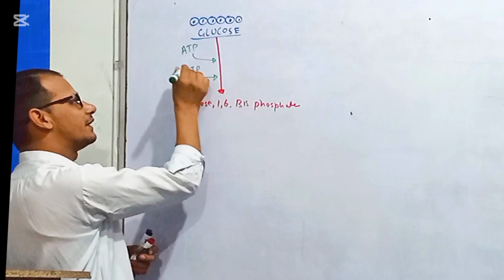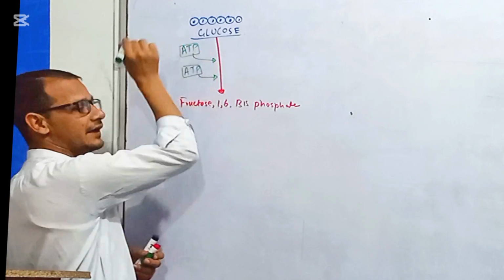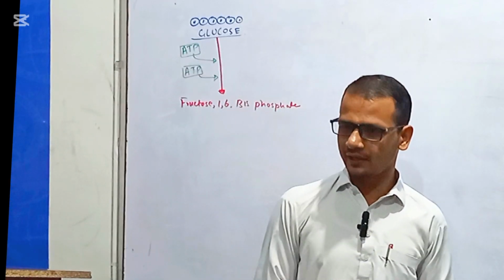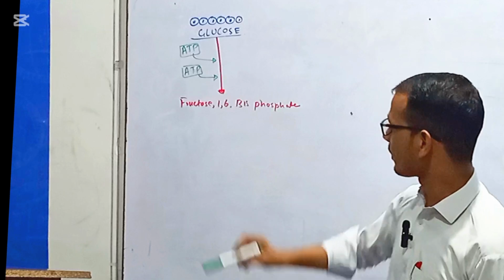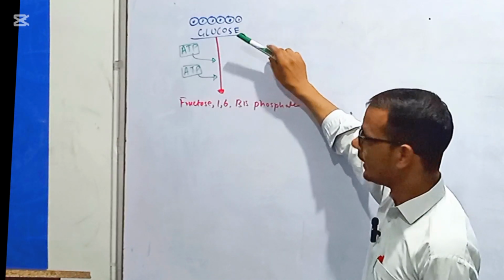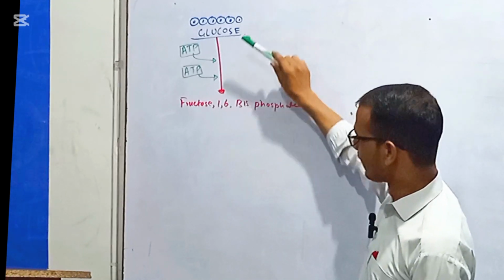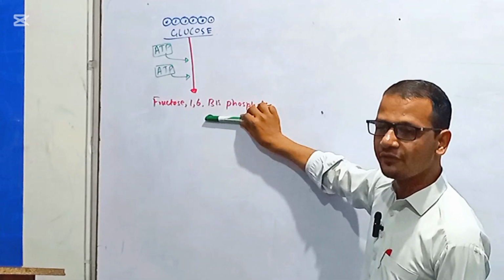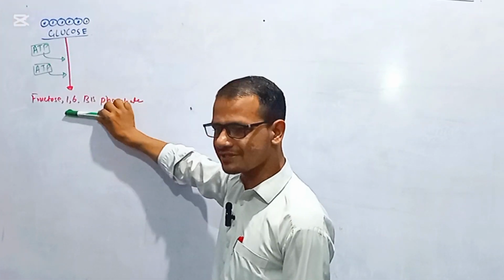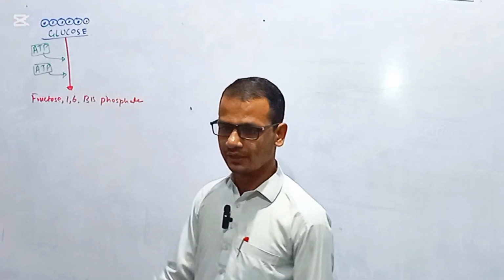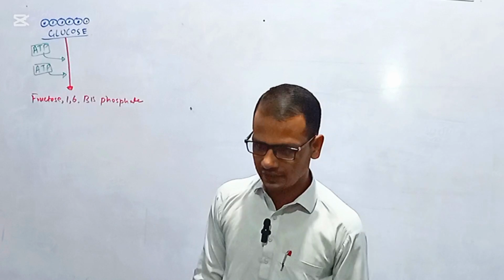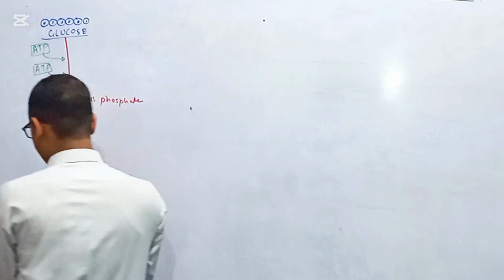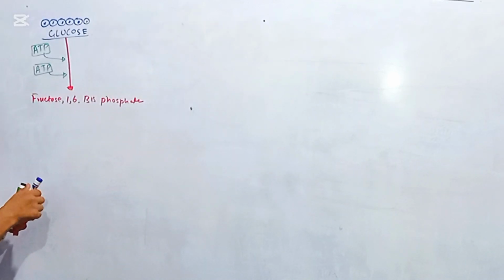Remember this, right? We are not going to discuss the enzymes again. This is the energy consuming phase in which the glucose, the 6 carbon compound, is converted into fructose 1,6 bisphosphate, and 2 ATPs are used here, right? The next is the splitting phase.